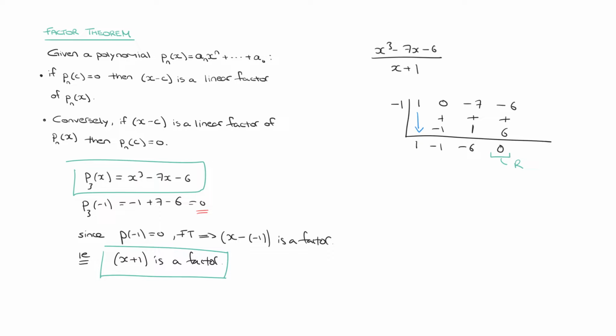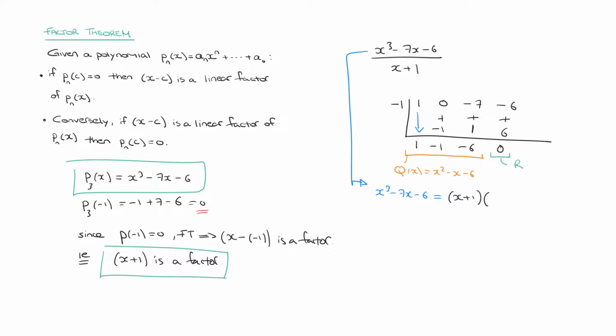What matters to us here, though, what's really cool, is that now we can state that our original cubic, x cubed minus 7x minus 6, is equal to the product of x plus 1, that's the factor we had, and the quotient polynomial whose coefficients are right here. So capital Q of x is going to be equal to x squared minus x minus 6.